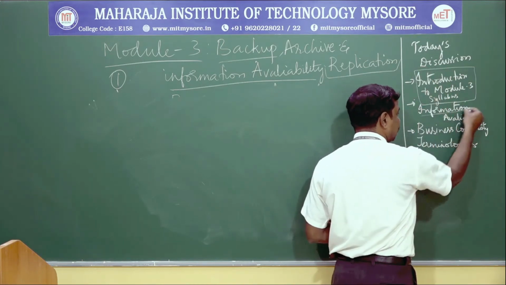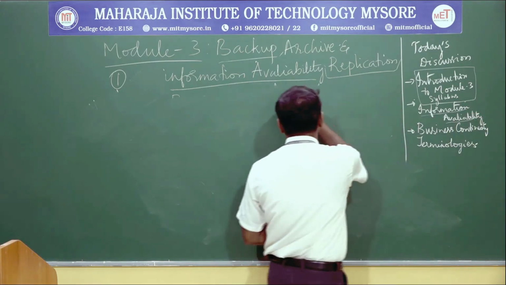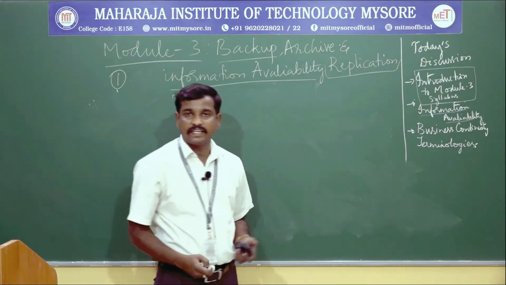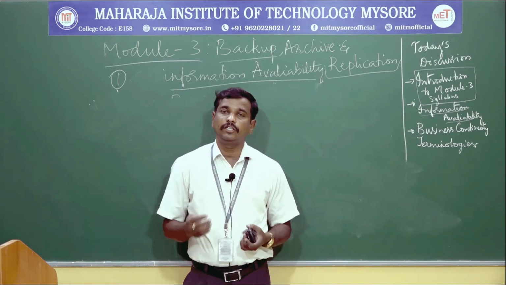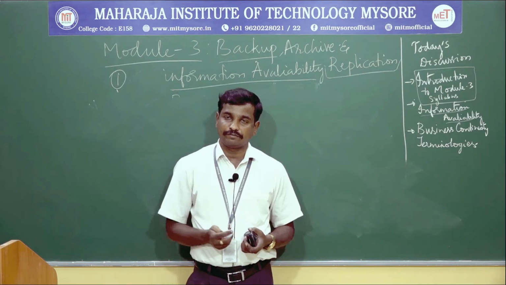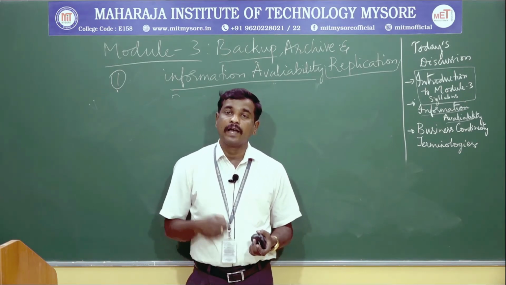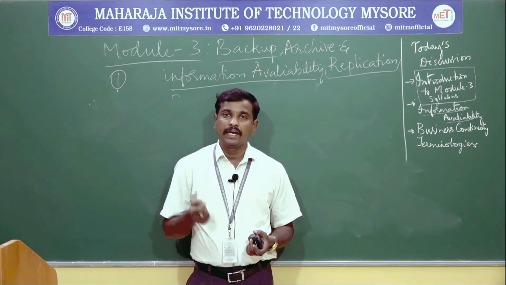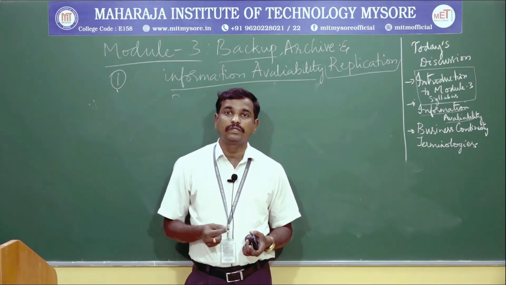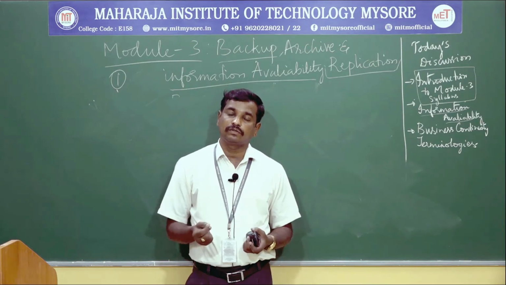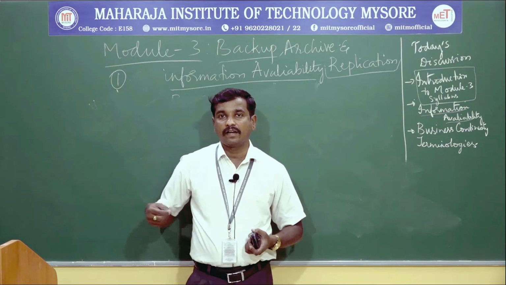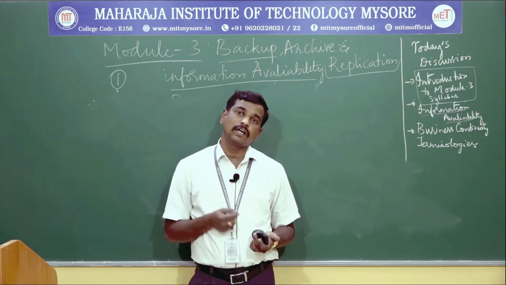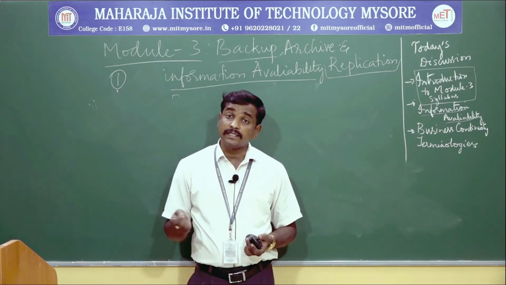Now, let us understand what we mean by business availability, continuing along with understanding the contents present in module 3. Module 3 covers the purpose of business information availability, how to perform business continuity, how to avoid failures in the data centers, how the backups will be taken, how the replication operations will be done, and how the fixed content archives will be done in the data centers.